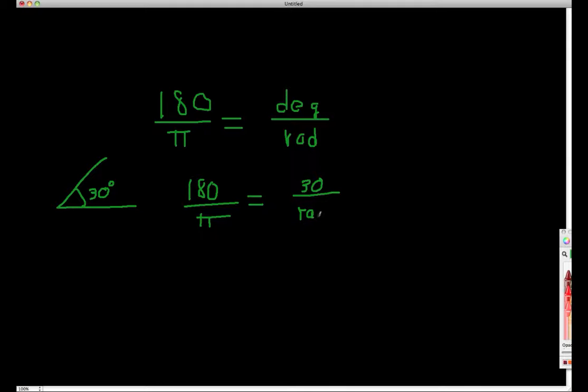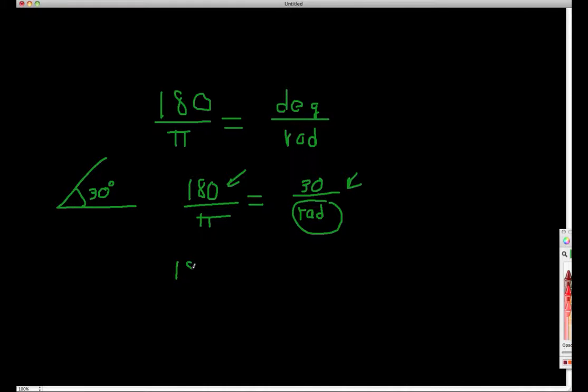Now, whenever I have an equation like this, with a fraction on one side of the equation and another fraction that it's equal to on the other side, I can solve for the unknown value radians by cross multiplying. Let me show you.